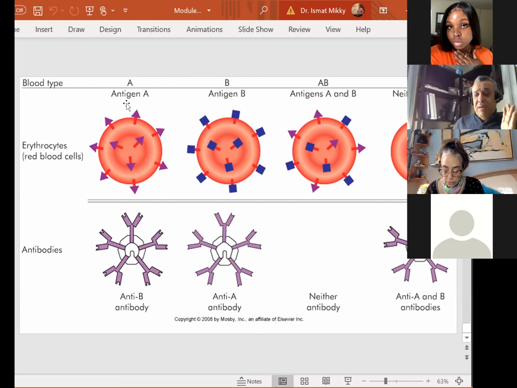So let's focus one more time, because we have a few minutes left, just to review the blood type and the transfusion and make sure that you grasp the concept.